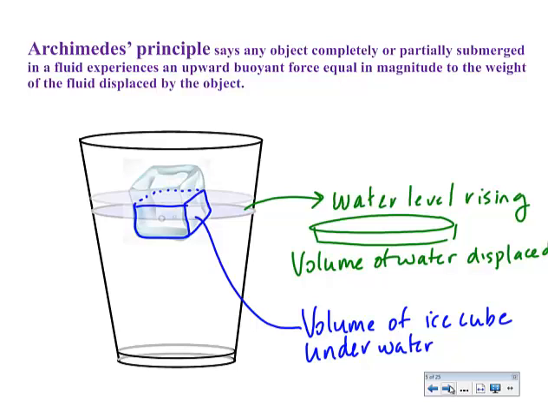So again, the volume of the water displaced is equal to the volume of the ice cube that is under the water.